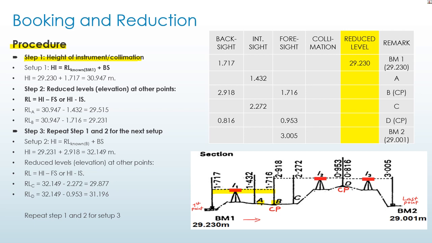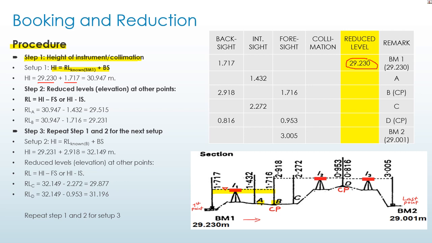Step number 1, calculate the height of instrument for that setup. So that's going to be this level. Using the known point, you add the backside reading from the benchmark, 1.717.